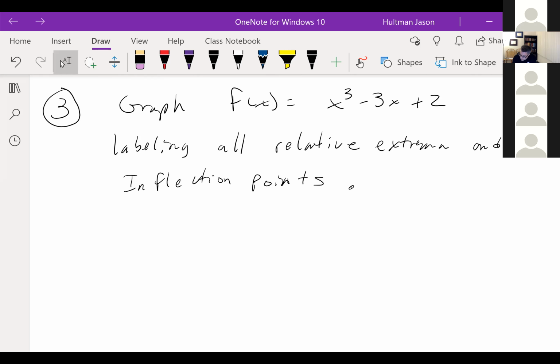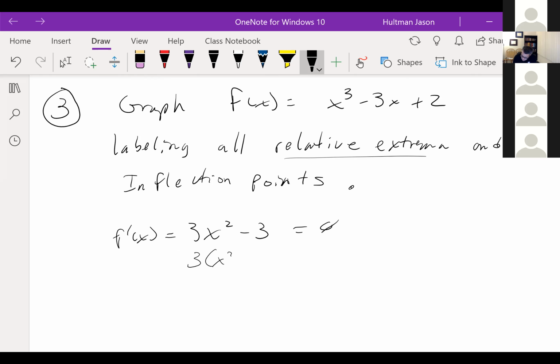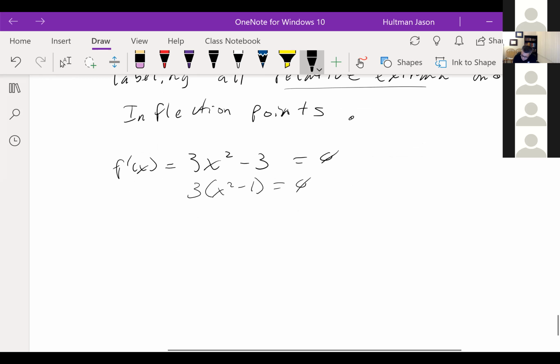Okay, first I want to get my relative extrema. So that's going to be f prime of x is equal to 3x squared minus 3. I'm going to set that equal to 0. Now I'm going to factor out the 3, and I get x squared minus 1 is equal to 0. I'm going to factor the x squared minus 1.